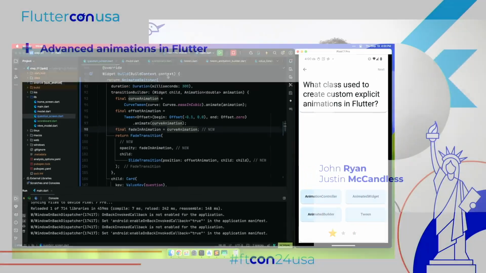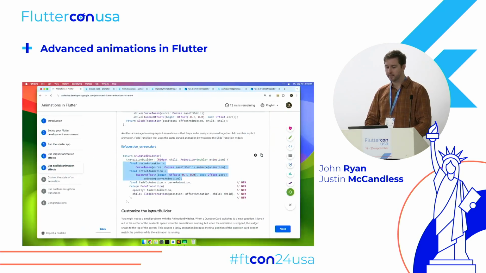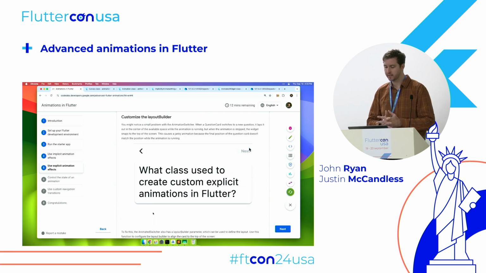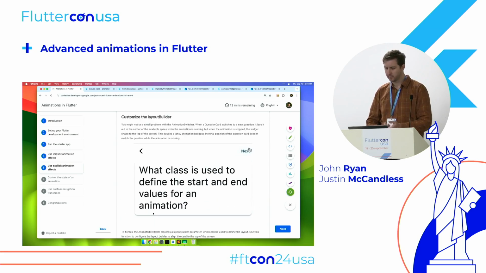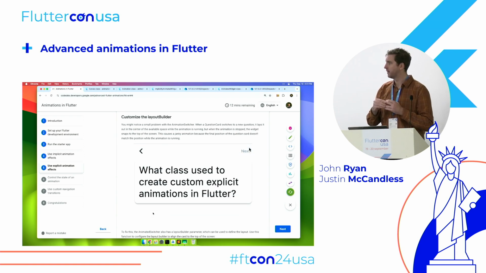And what we need to do is tell the animated switcher how to lay out both of those widgets as they're animating. So what we can do is customize the layout builder, which is the next step. That's exactly showing what I just showed you, that GIF. It's popping in at the very end because the animated switcher doesn't know how I want to lay out these widgets as they're animating.